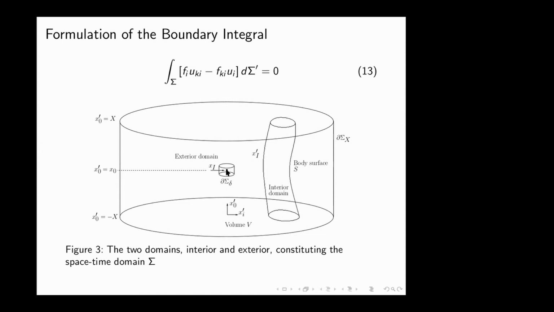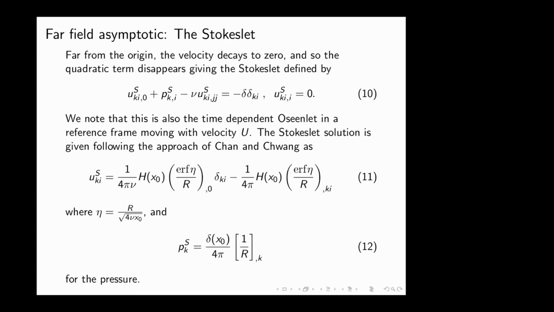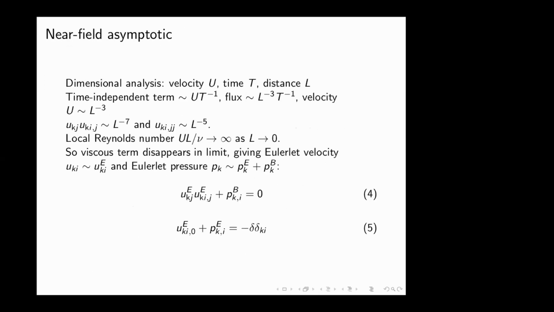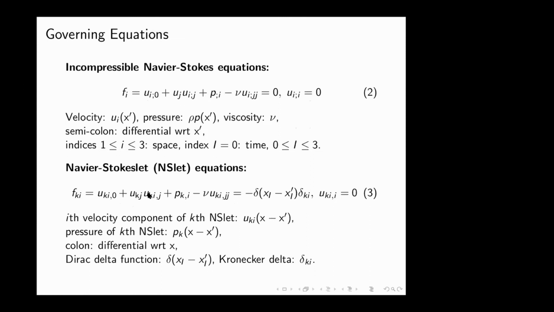What that means is, in the Navier-Stokes equation here, this differential is differential with respect to x. So x prime is considered to be the point where the Navier-Stokeslet is, and x is considered to be the variable. Whereas if I consider x prime minus x, it's the other way around, and the x prime becomes a variable.